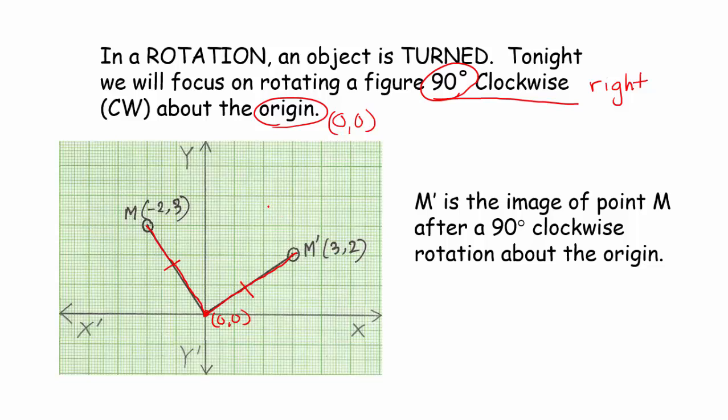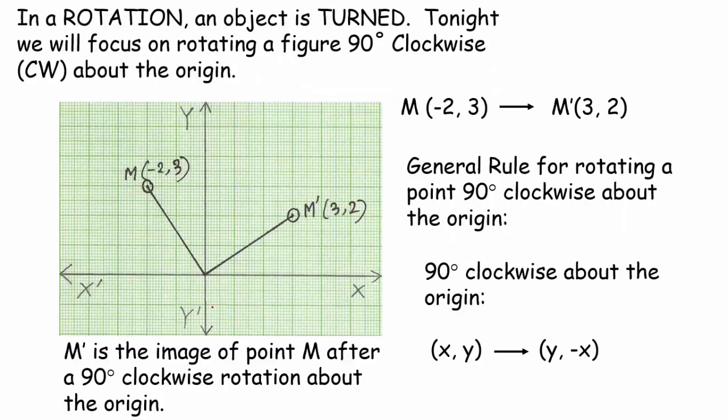Also notice this, moving in the direction to the right, which is clockwise rotation, I am actually creating a 90-degree angle when I pivot around that origin. And that's why it's called a 90 degrees clockwise rotation about the origin, because when I pivot around the point 0, 0 from point M to M prime in a clockwise rotation, I'm creating that 90-degree angle if I were to connect those points to the origin.